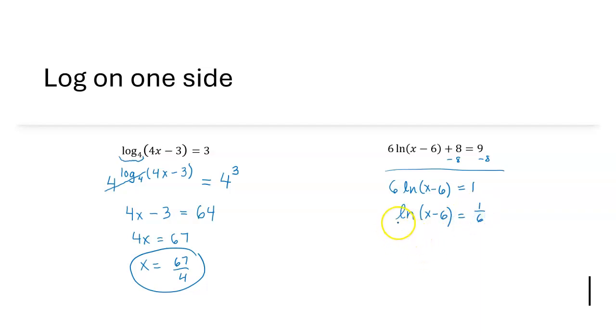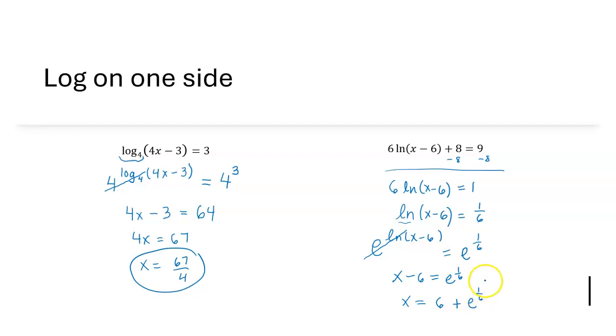And then I have to undo a natural log, so this time I'm going to raise e to the power. On this side, the exponential and the log cancel out, so I get x minus 6 equals e to the 1/6 power. I can add 6, and I get 6 plus e to the 1/6 power.